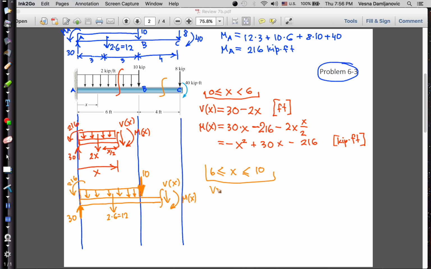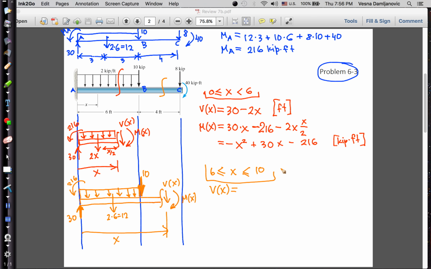Okay, and for that we have Vx is equal to, so now we're looking at Vx again, our x starts at the same place, but it goes up to here. That's our x. And I'm going to just try to be tidy and clean this up a little.